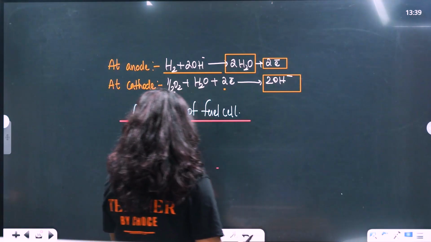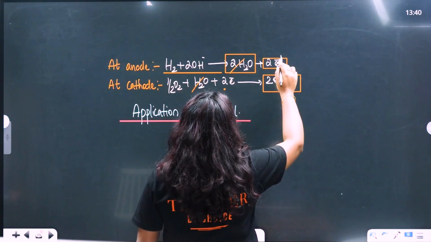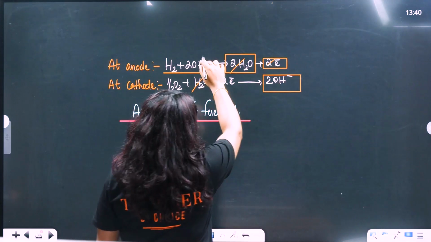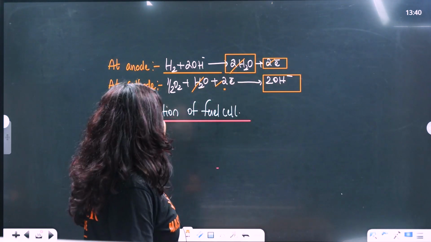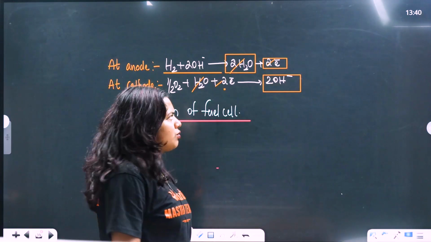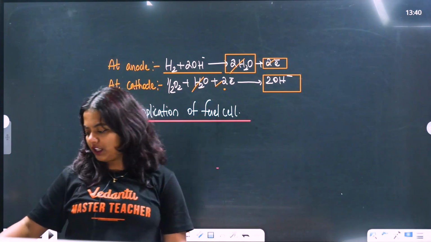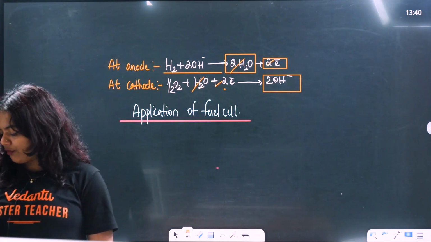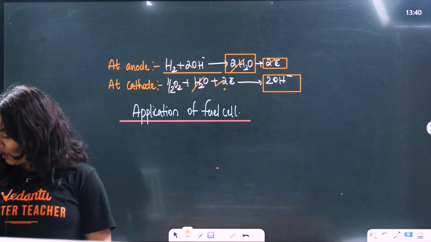For the total reaction, you can easily find it out: H2 plus half O2 gives H2O. Water is formed at the end of the reaction. That is the H2-O2 fuel cell.